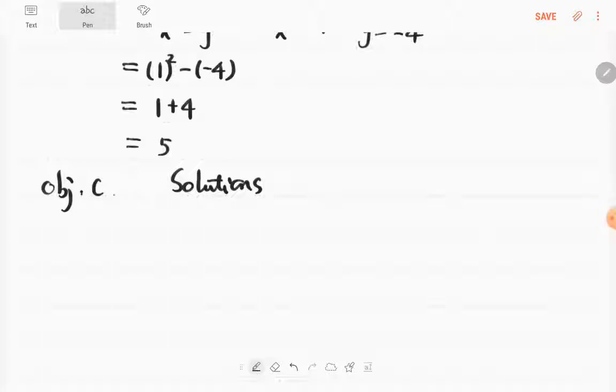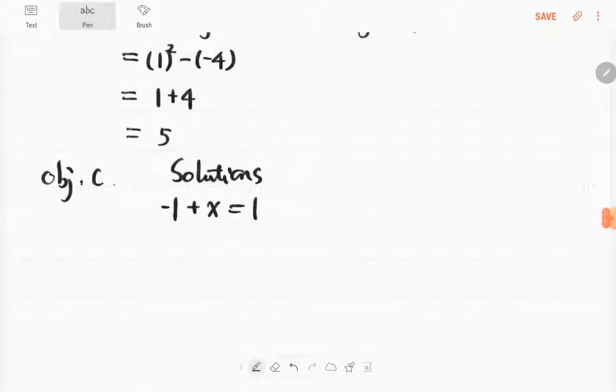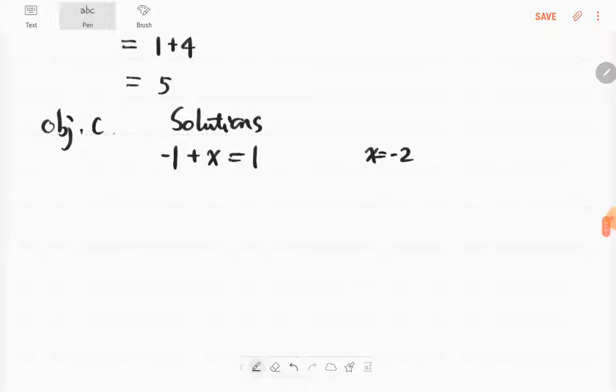If we have this equation, negative 1 plus x equals 1, and we want to determine if x equals negative 2 is our solution, yes or no. Still remember, it's very similar to evaluating, but this time we have to deal with equations. We just do the same thing. We use the number to replace the letter. So x equals negative 2. We use negative 2 to replace x.